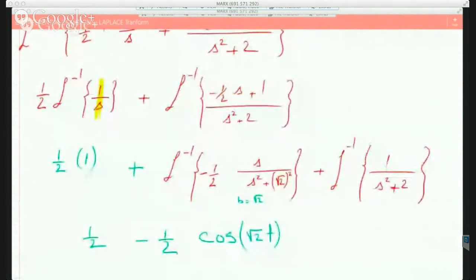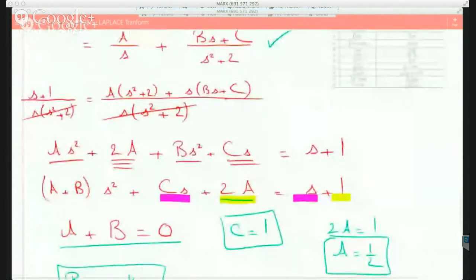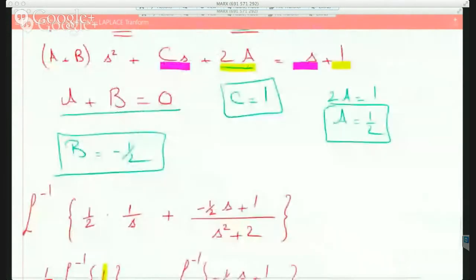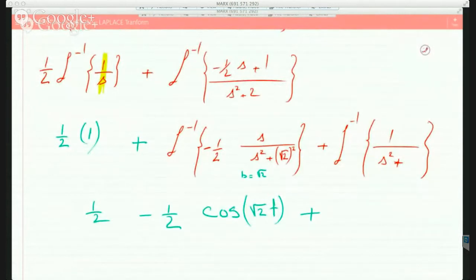Alrighty? And the last one is 1 over s squared plus 2, so that a over s squared plus a squared, that's number 9 in the table, because I could rewrite the 2 as square root 2 squared. But I also need a square root 2 on top.